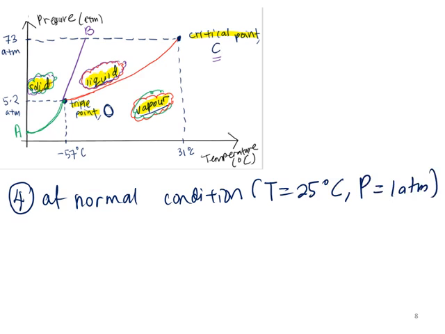Yang ni soalan memang tak beritahu, tapi pelajar kena tahu sendiri. So, cuba tengok diagram awak di atas. Based on the above diagram, CO2 awak at normal condition which is 25 degrees Celsius and pressure 1 atm, CO2 exists in what condition? Solid, liquid or vapor? So, nak check macam mana kita akan buat garisan lah.